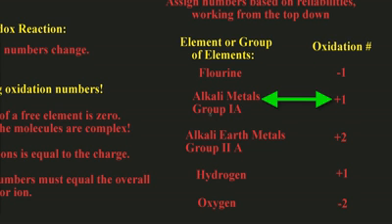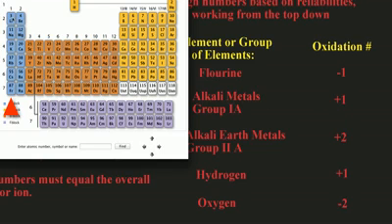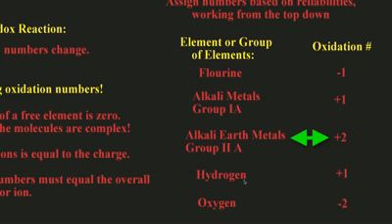Then the alkali metals, group 1A on your periodic table, are given a +1 charge. If you remember, everything here is alkali. And then after that, it's the alkaline earth metals, group 2 on your periodic table. Then hydrogen gets a +1, then oxygen -2.